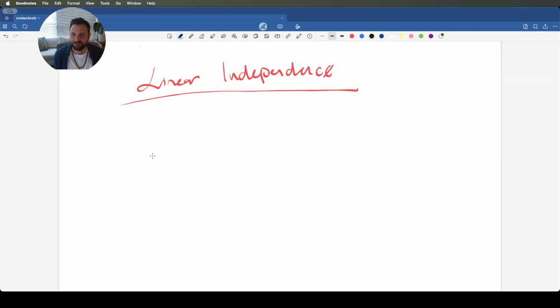In linear independence, if I have a1 times x1, a2 times x2, and so on, and I add all of them for a set of vectors x1 through x of n, I'm getting their linear combination, and all of a sudden I'm getting 0.